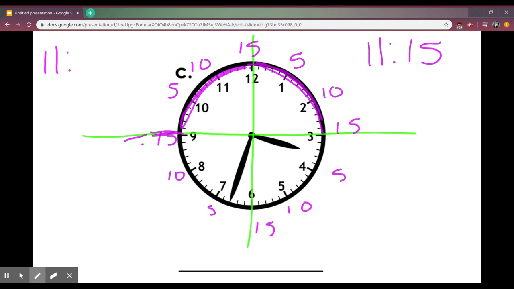So if I were to count all the way to here, I'd get 5, 10, 15, 20, 25, 30, 35, 40, 45. So that means it's 11:45. So whenever you hear a quarter after, that'd be 15 minutes after. And then a quarter till would be 15 minutes until the new hour, or 45 minutes.